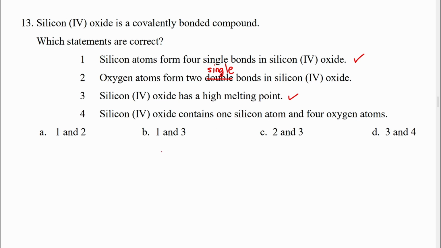As we know, the molecular formula of silicon 4 oxide is SiO2, right? So it contains 1 silicon and 2 oxygen. Okay, so it is not 4, but it should be 2 oxygen atoms. So the correct answer here is statements 1 and 3. So the answer is B.